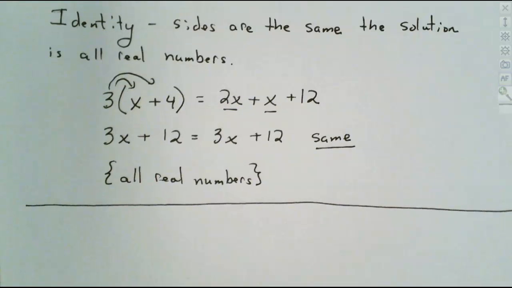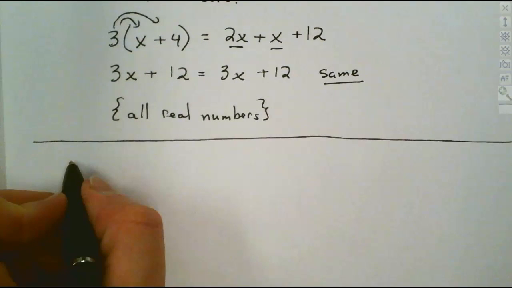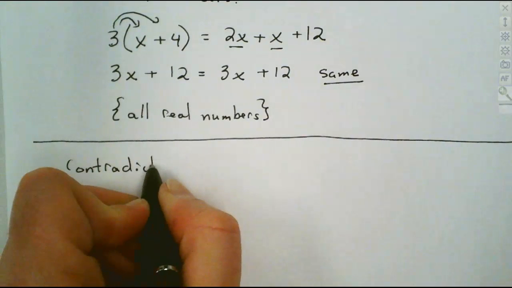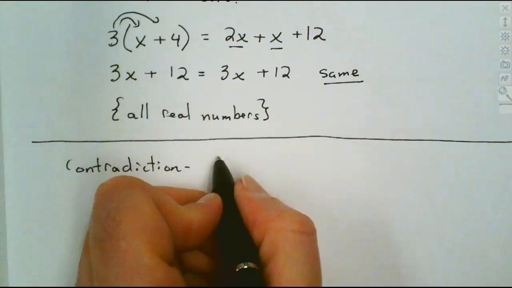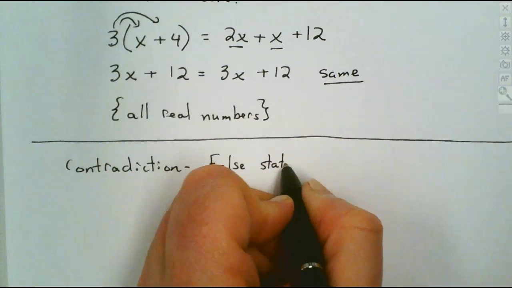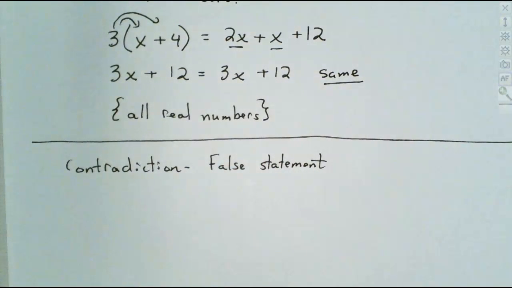Now, what's the opposite of an identity? That's a contradiction. Identity means it's always true. Sides are the same. A contradiction means it's a false statement. So when we talk about a contradiction, we're going to be talking about a false statement.